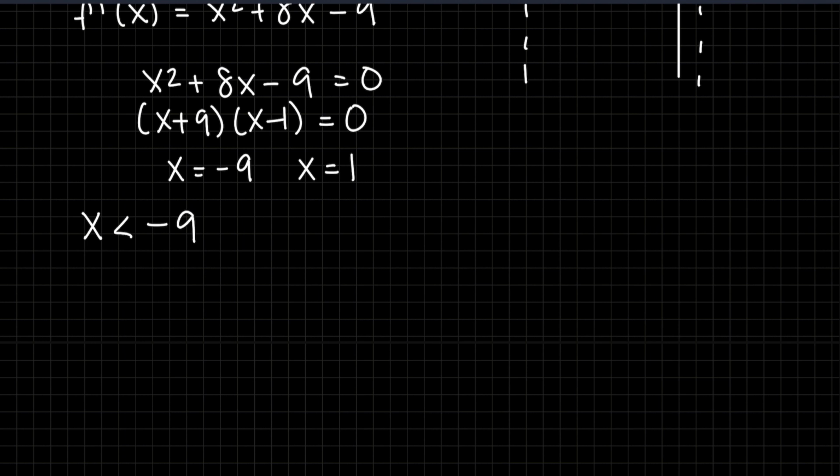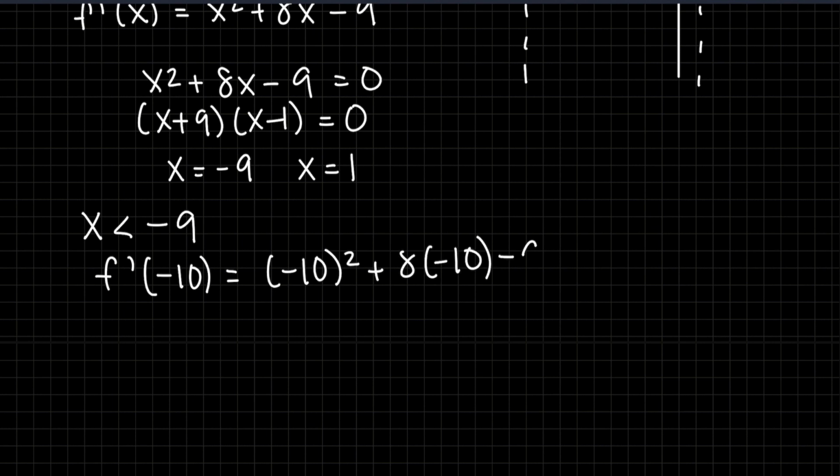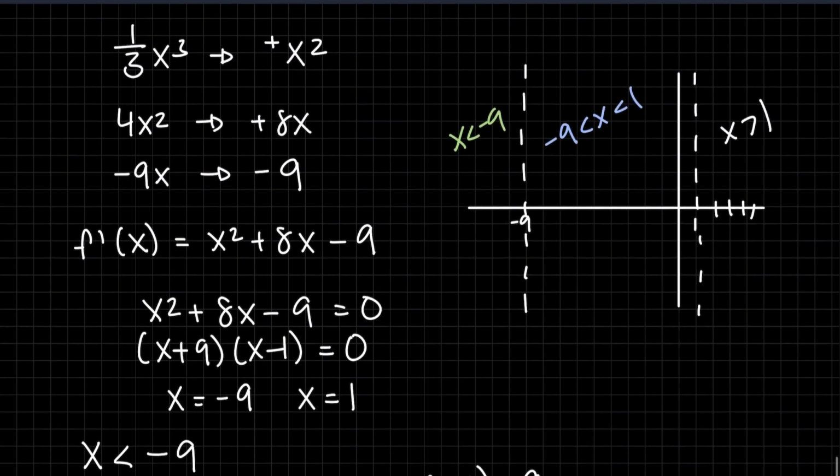So I'm going to plug this into my f prime of x, which gives me -10 squared plus 8 times -10 minus 9, which gives me a positive 11. Therefore, my graph in this region is just going to be pointing up, in this direction like that.